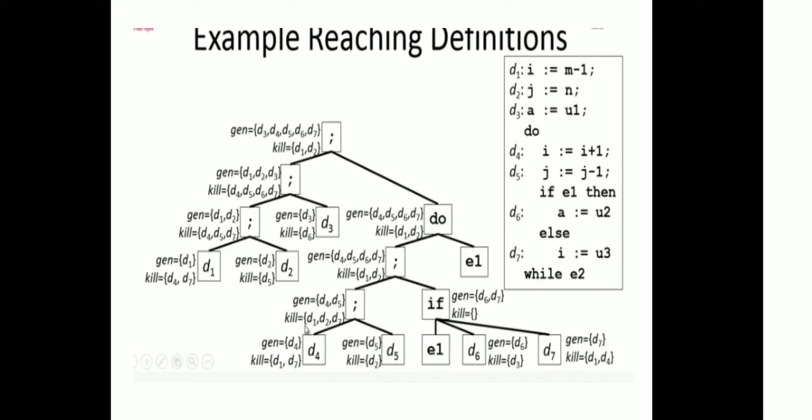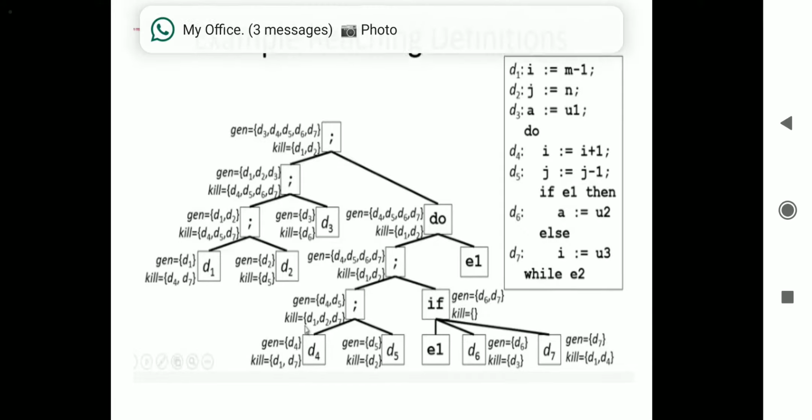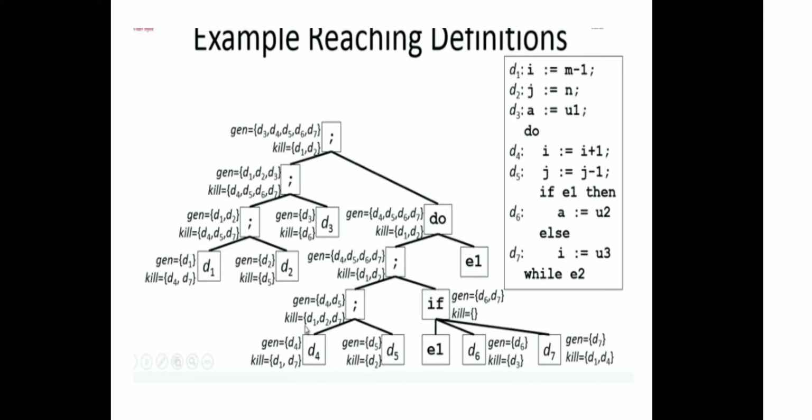Okay, so here's an example. Here an example is given, and for this program we can compute the reaching definitions. So d1: I equals m minus 1, j equals this, and a equals u. Do: I equals I plus 1, j, if expression then this expression, else I equals u3, while e2. So a do-while loop is there.